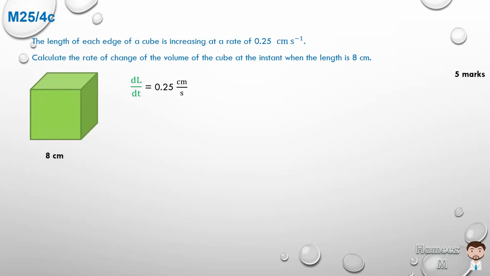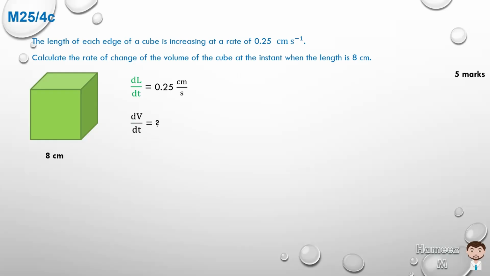Hopefully you can see where the rate is explained. dl, change in centimeters or change in length. dt, change in time, which is in seconds. So dl/dt is 0.25 for this question. And what do we want to find? Calculate the rate of change of volume. So volume is changing with respect to time, so we consider that to be dv/dt, the change in volume per time.